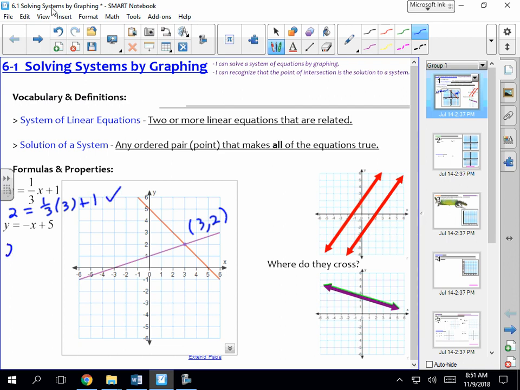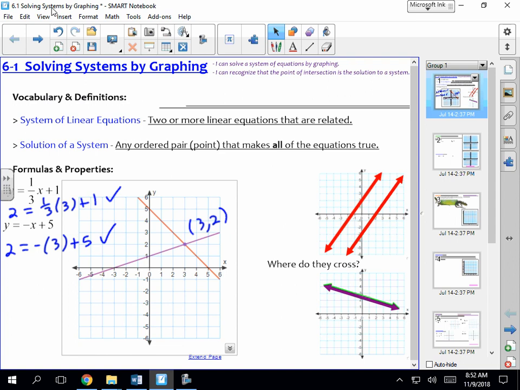Or right here, 2 equals -3 plus 5, does that check out? Yeah. So that's what we mean by a solution: if you plug this coordinate in for x and y in both equations, it will make both of them true. Or, visually, it's the point of intersection. So it has a nice visual component to it.